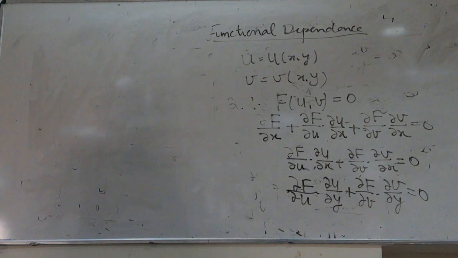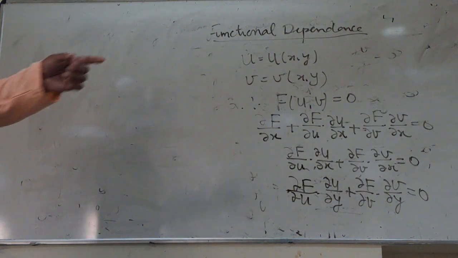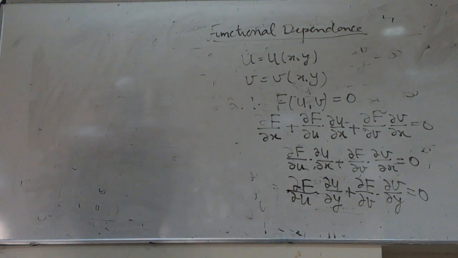Whenever I differentiate partially with respect to u and v, I shall get some expression, definitely not always 0. So for a non-trivial or non-zero solution for del F over del u and del F over del v, what should happen? The coefficient matrix determinant should be equal to 0.